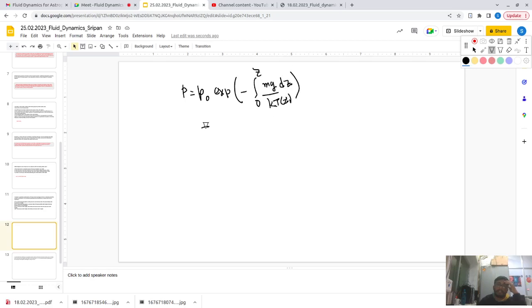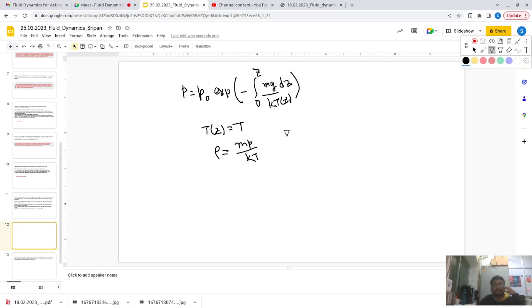Now we are saying that T(z) is basically T for the isothermal case, and we have rho as mP by kT.